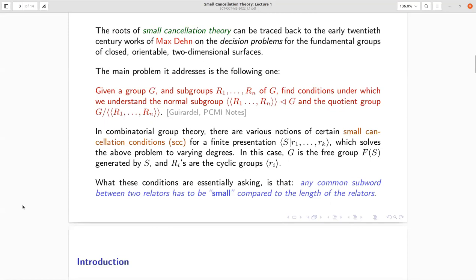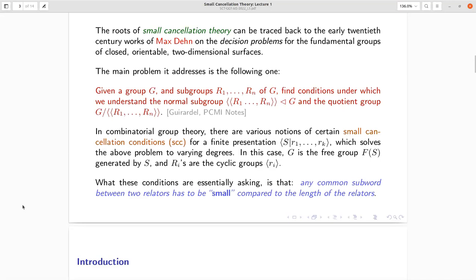And the group we start with is the free group on these generating elements.